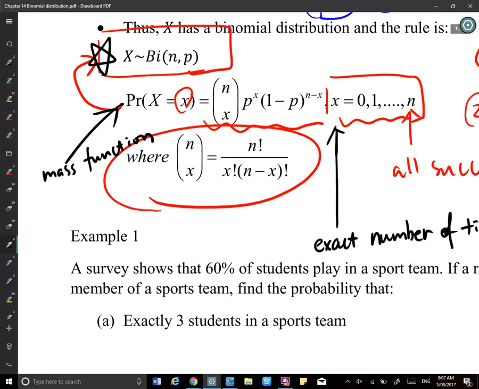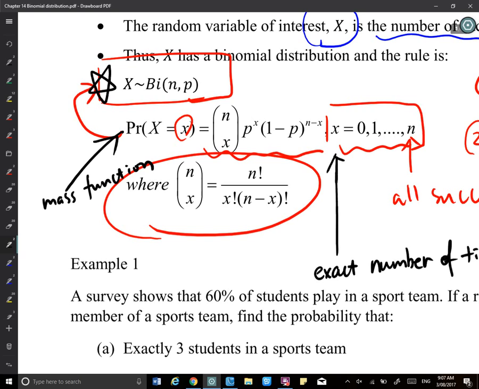So this probability is affected by 2 things. One is the number of trials, how many times you play this experiment. Second is the success rate. Both factors can affect the final probability. So that's what you need to know for binomial distribution.